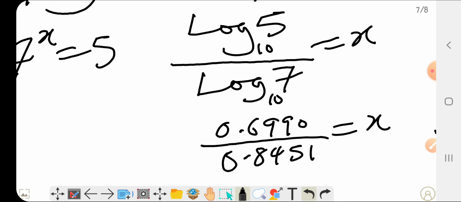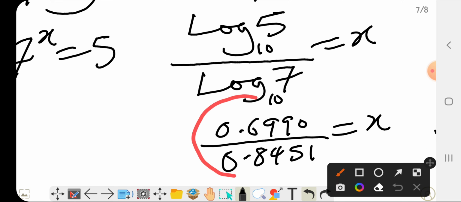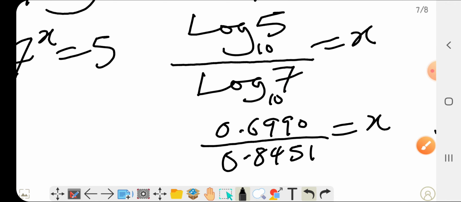As you can see, I'm rounding off to the nearest 4 decimal places. It has to look as if you are using your 4-figure table. So let's now divide the values. 0.6990 divided by 0.8451.